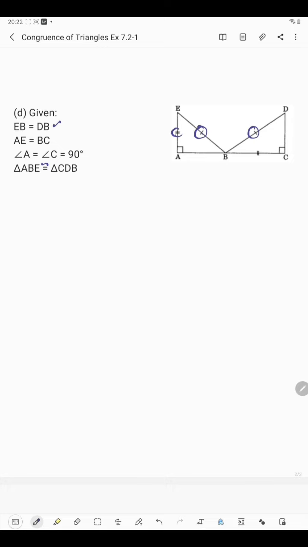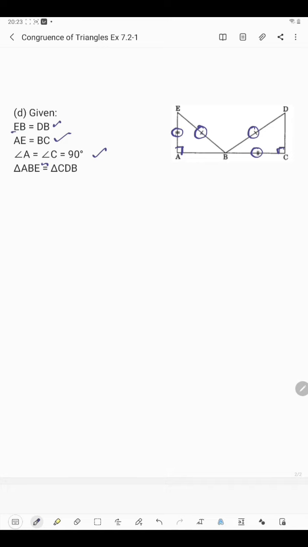Now this double line, this symbol and this symbol are the same, that means side AE is equal to side BC, this is also given, and angle A and angle C are 90 degrees. So triangle ABE is a right angle triangle as 90 degrees is given. Similarly, triangle CDB is also a right angle triangle because 90 degrees is given.